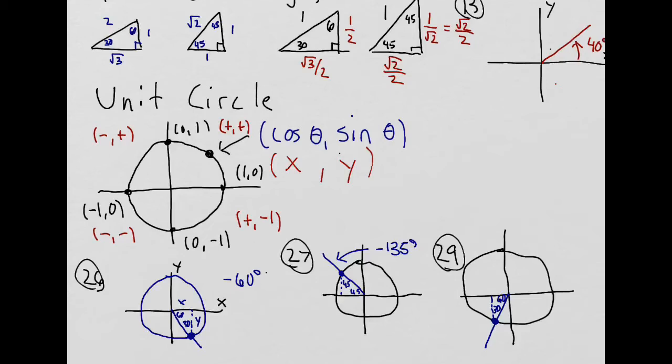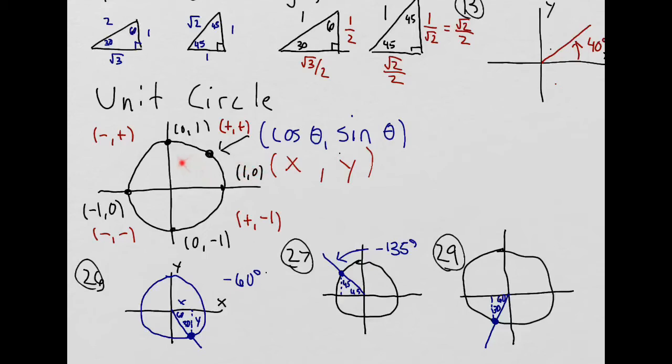So, for example, if I look at this angle right here at 1, 0, that's an angle of 0 degrees, right? And so right here the point is 1, 0. So the trig value at that point for cosine will be 1, sine will be 0.